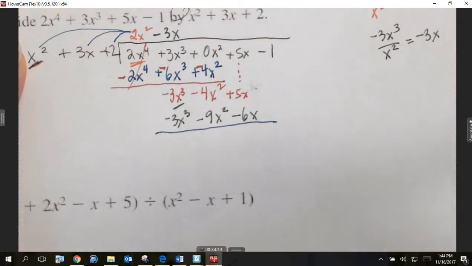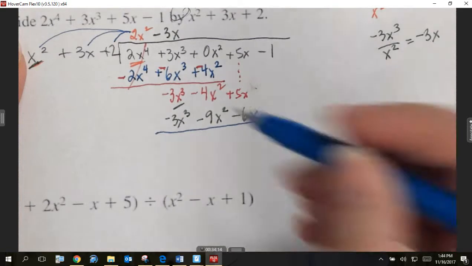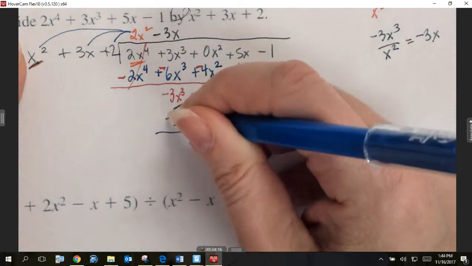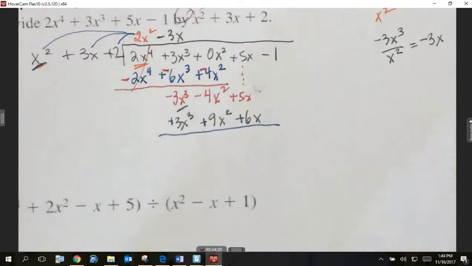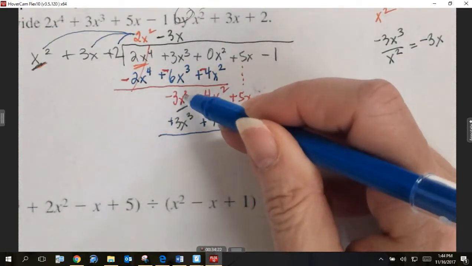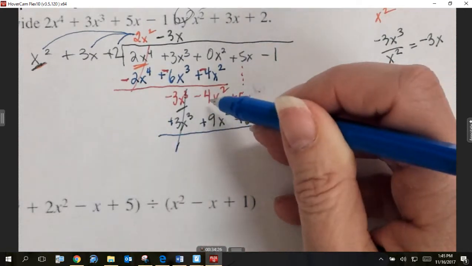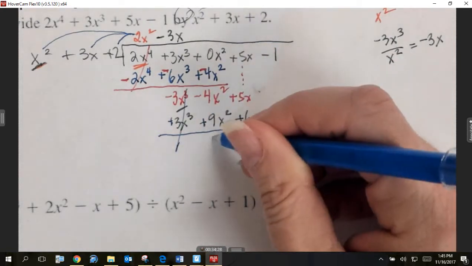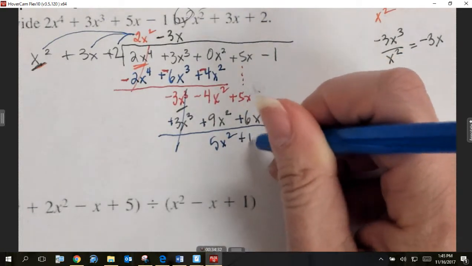And when I subtract, I just like to individually subtract each term. So if I subtract, that's the same thing as draw the line, change all the signs, and then add them. Draw the line, change the signs. I now have negative 3x cubed plus 3x cubed, that's nothing. Negative 4x squared plus 9x squared is 5x squared. 5x plus 6x is 11x.